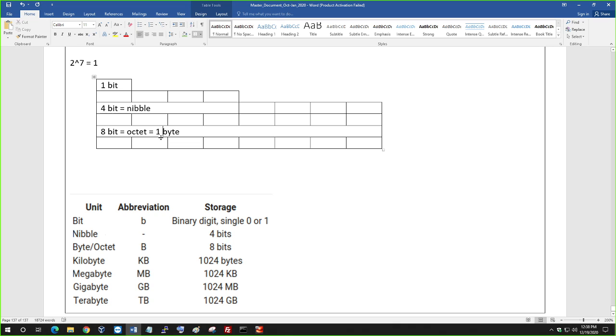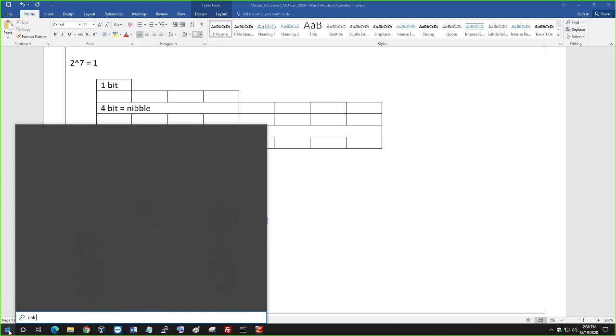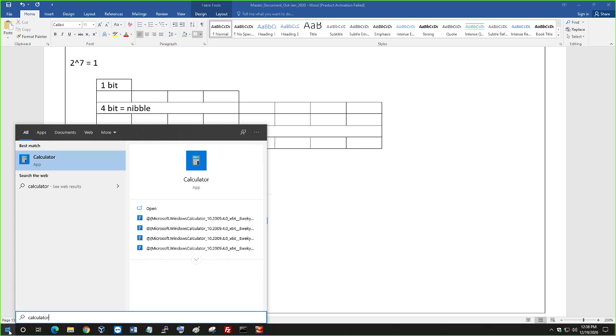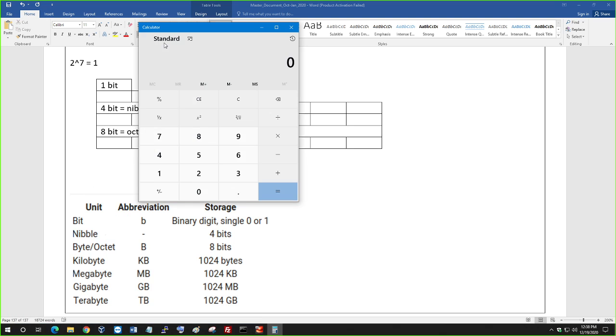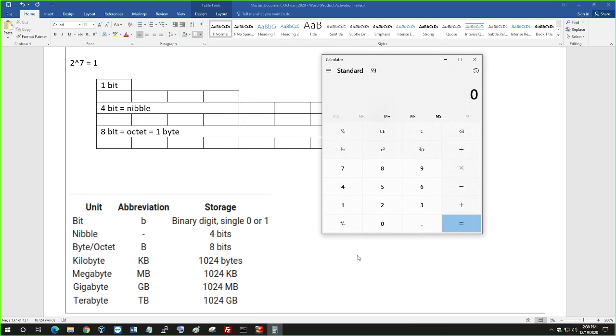Okay, and then what happens here is, where is my calculator? Everything is based on 2 here, right?